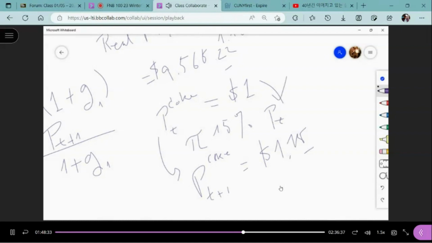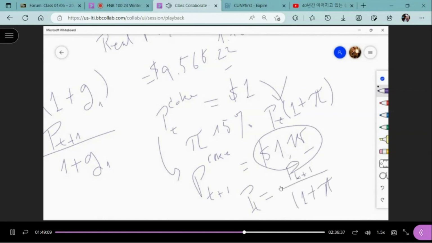What happened here is P(t) times 1 plus inflation, and voila, $1.15. So if you want to adjust this price for inflation, you would have to divide it by 1 plus pi, 1 plus inflation. That's the same thing.